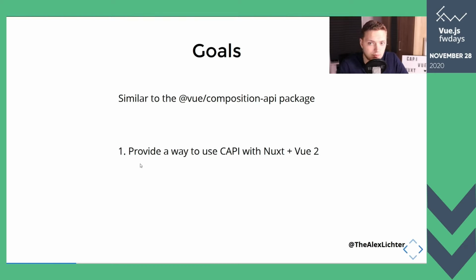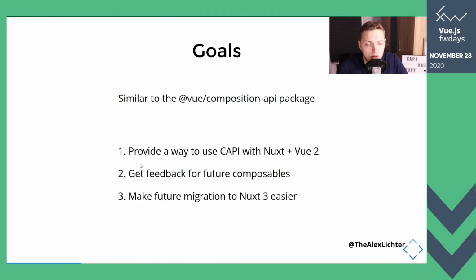And of course, there's the second one. Again, getting feedback for the current implementation, but also maybe for composables in the future, or ideas, what is missing, what could be added. This is also part of figuring out how to use composables with an SSR framework, because this is clearly something new. And the third one is basically, again, making migration for the future easier.